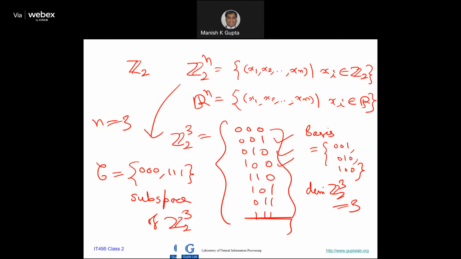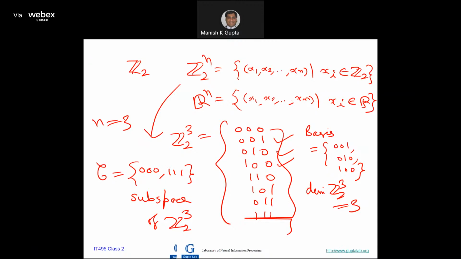One-dimensional means the basis should have only one vector, because the dimension comes from the basis. Here the dimension is 3 because the basis has 3 vectors, right? If I ask for a one-dimensional space, the basis has only one vector. So if I take the 0 vector, can it be a basis?